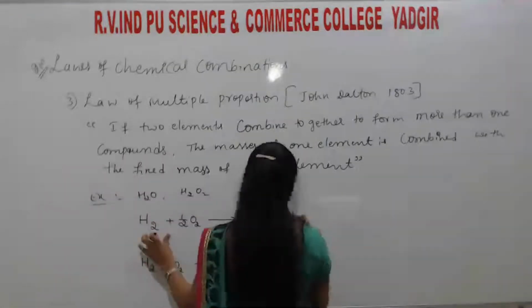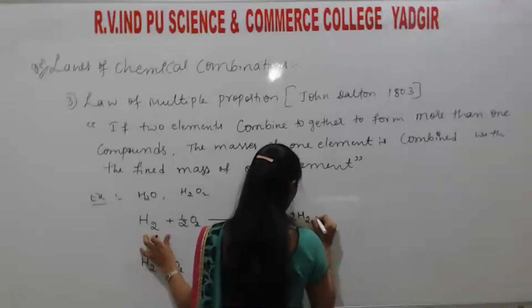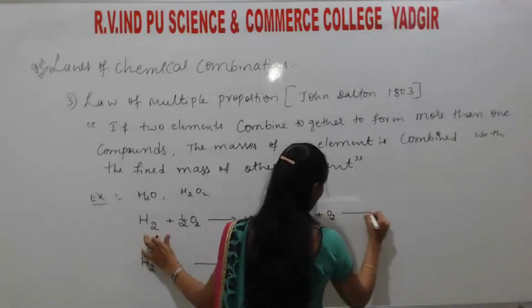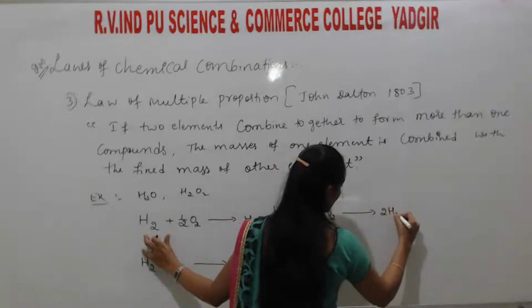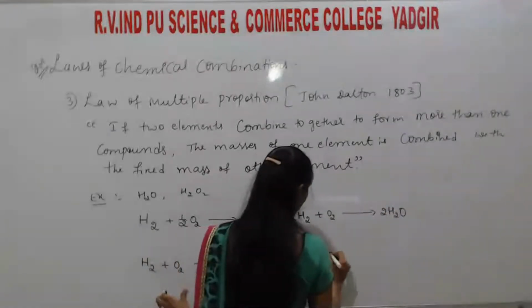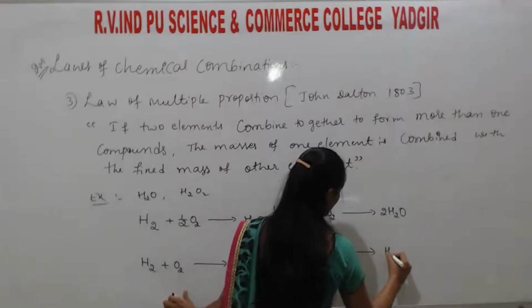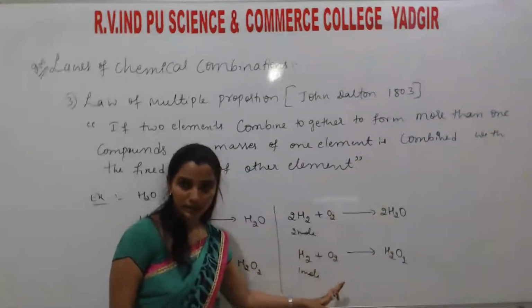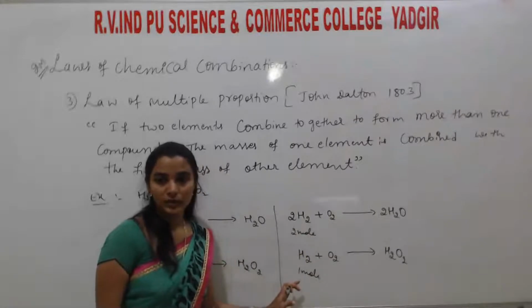If we balance this, it becomes 2H2 plus O2 gives 2H2O, and H2 plus O2 gives H2O2. Here this is fixed and this is different.